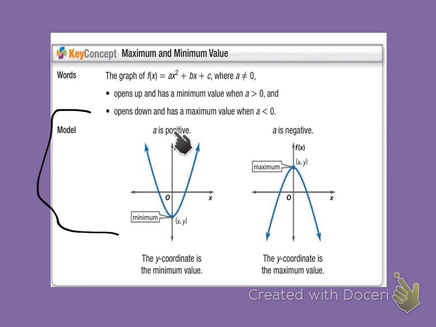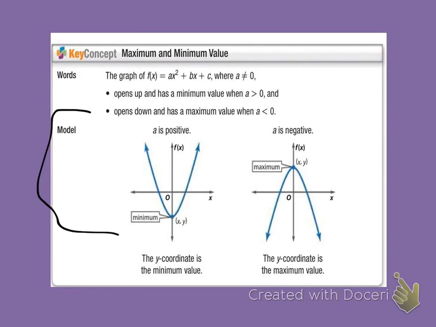If A is positive, then the graph opens up like this, and you got a low point. That's like the two we've done already. If A is negative, it opens down, and you have a maximum. Either case, that max or that min is also your vertex.